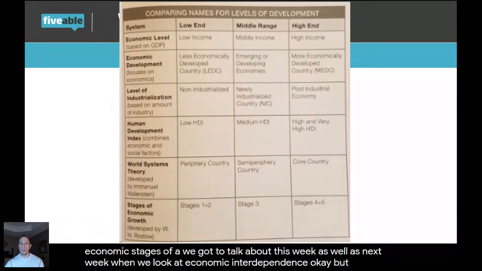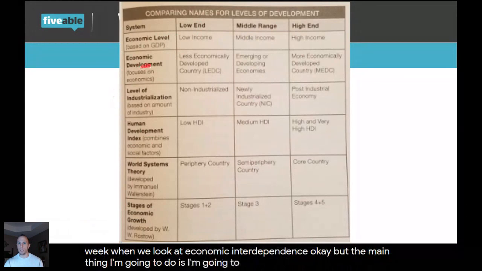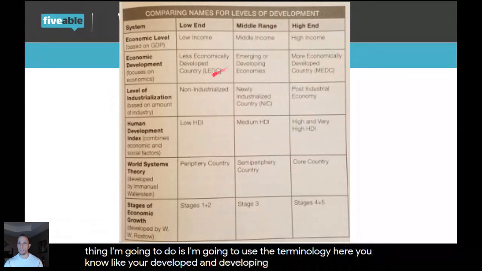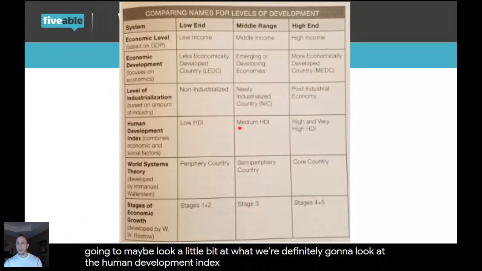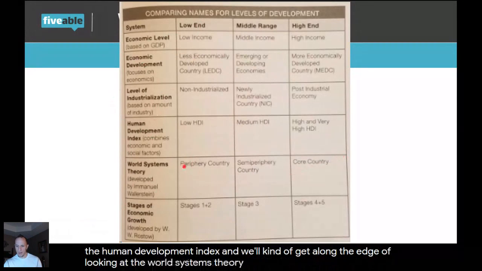Okay, but the main thing I'm going to do is use the terminology here, like developed and developing countries, and we're definitely going to look at the Human Development Index, and we'll get along the edge of looking at the world systems theory today, and we're going to spend more time next week on that. But all of these things are different ways of looking at the same concept, and that is which countries are more developed along that continuum and which ones are not.